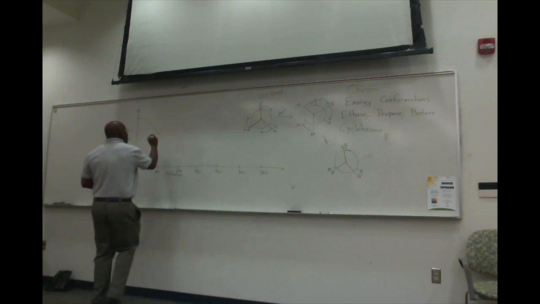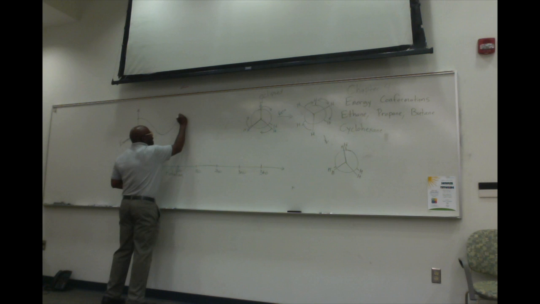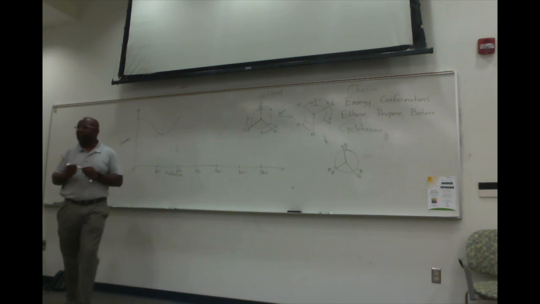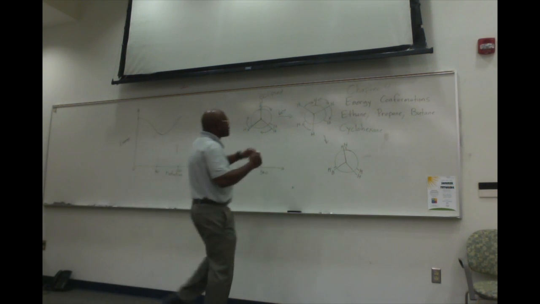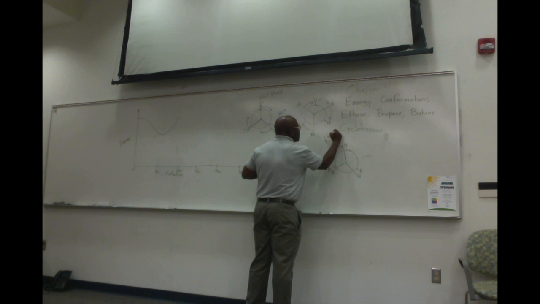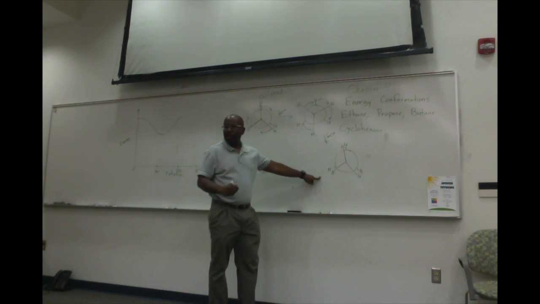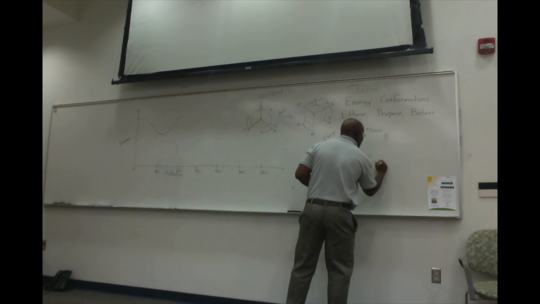So when I rotate another 60 degrees, I'm gonna go back to high energy. So now I went from 60 to another 60 degrees. This made it 120. I rotate another 60 degrees.